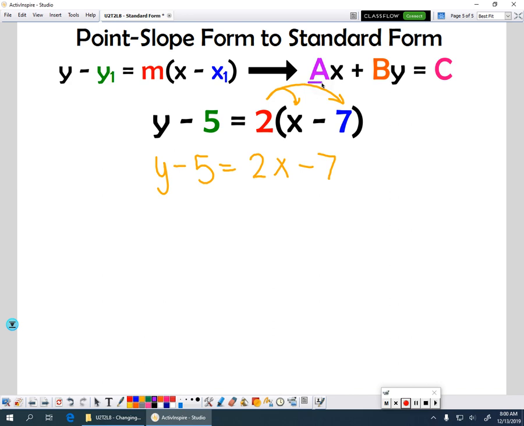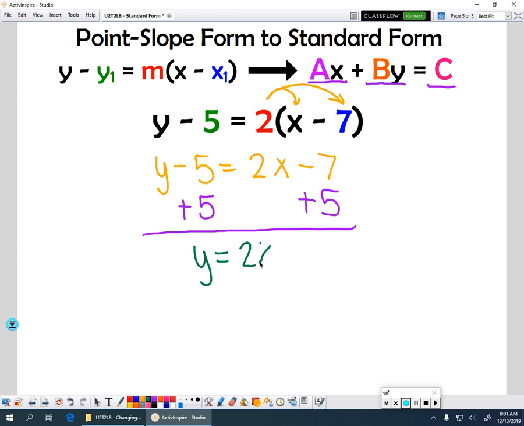I want standard form. So x first, y second, my constant all by itself. Since I want my constant all by itself, I'm going to take this 5 and move it all the way over here to the right. I'm just going to combine those terms together before I get too far into this problem. So that's going to give me y equals 2x.